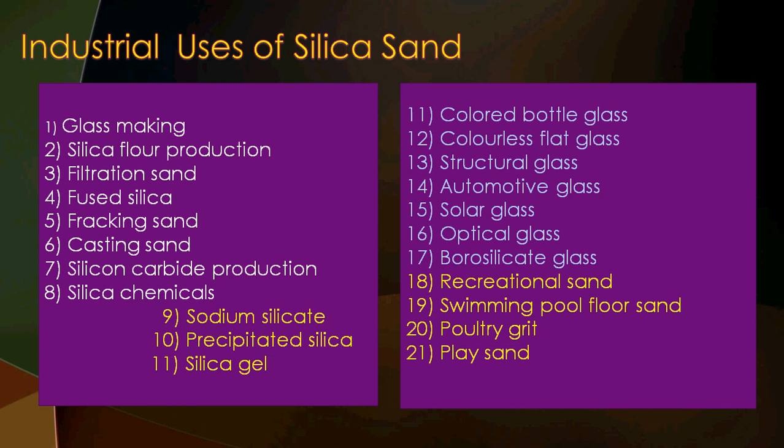Structural glass is very fine, nice, clear, transparent glass used in buildings. Also automotive glass, solar glass, optical glass, borosilicate glass, and recreational sand used for decoration, landscaping, swimming pool floor sand, poultry grit and play sand.